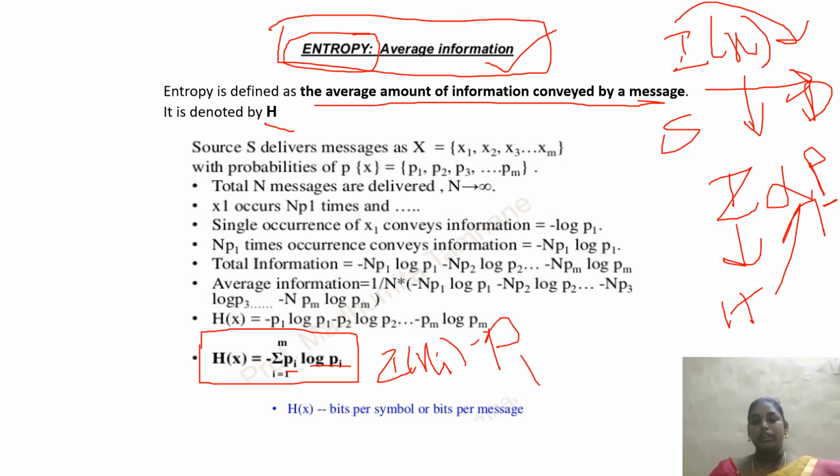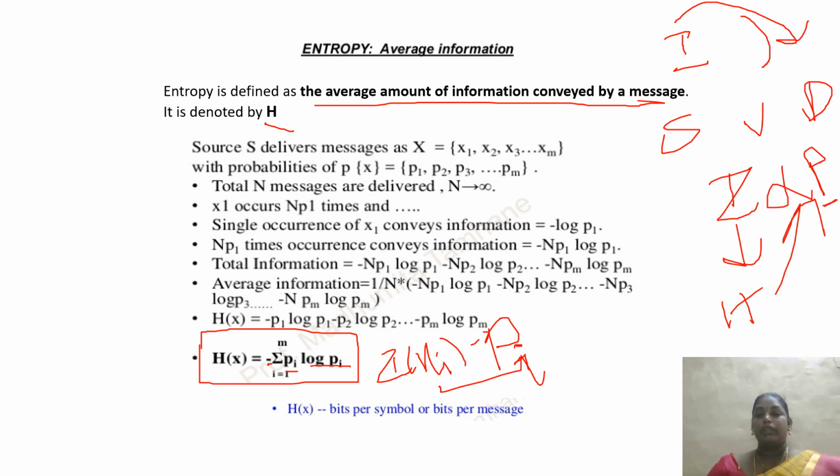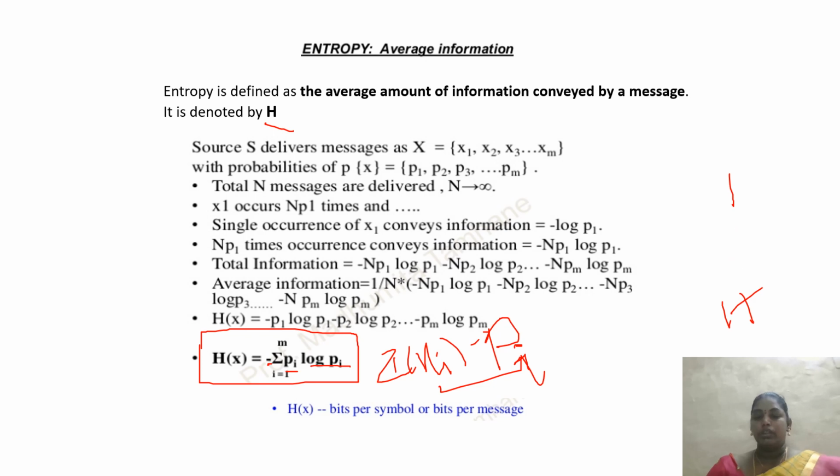Entropy is the summation of the information content of each symbol times the probability of that symbol. With this we know the exact average information conveyed by the source from source to destination.